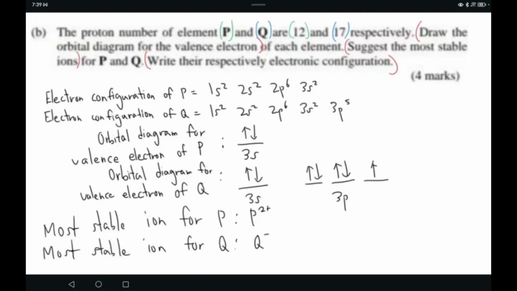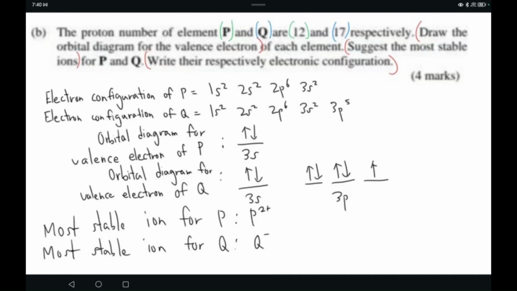So next question. The next question, B. The proton number of the elements P and Q are 12 and 17 respectively. Draw the orbital diagram for the valence electron of each element. Suggest the most stable ions for P and Q. Write their respective electronic configuration.